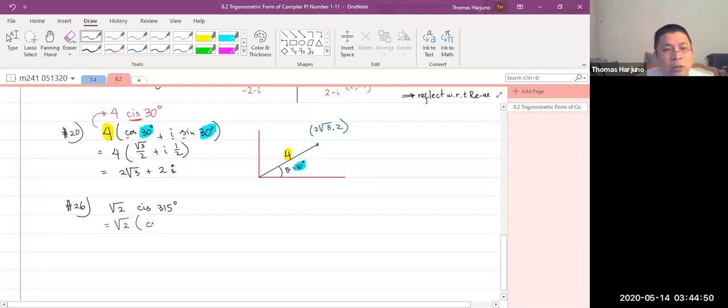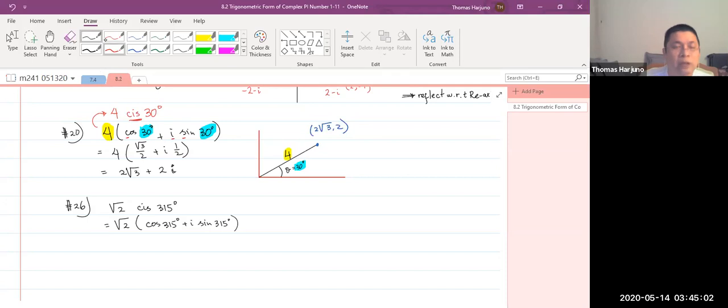This is cosine 315 degrees plus I sine 315 degrees. That's what cis stands for, not cosine, but cis. This cis stands for cosine plus I sine of the same angle.